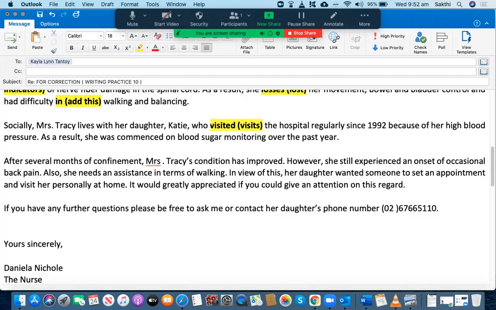"As a result, she was commenced on blood sugar monitoring over the past year." Okay, "over the past year." No, you can say "from the last year." I think it's better to use "from the last year." Right, let's say "from the last year." This could have been much better.